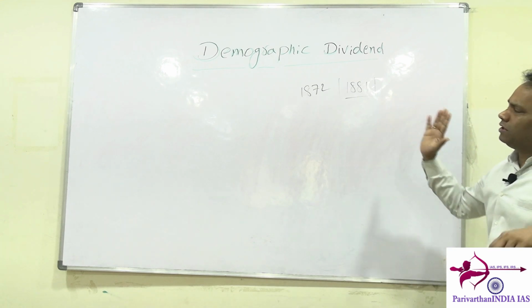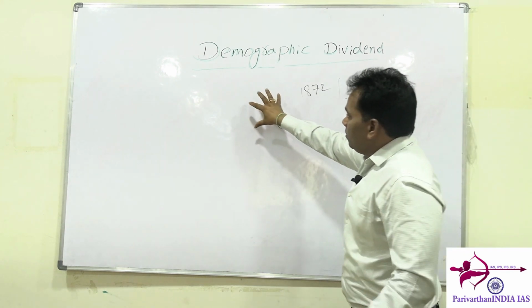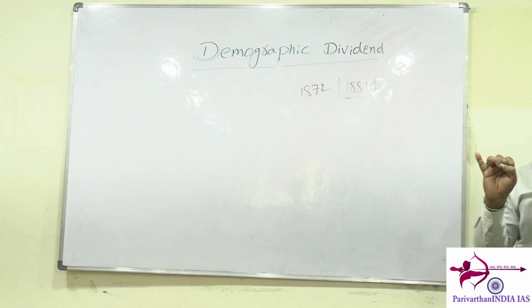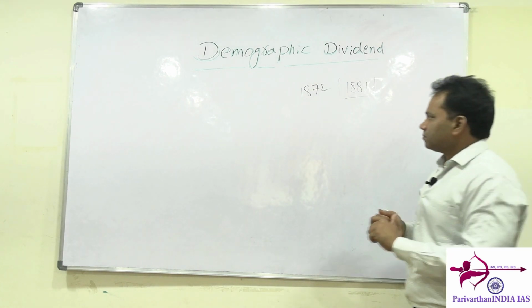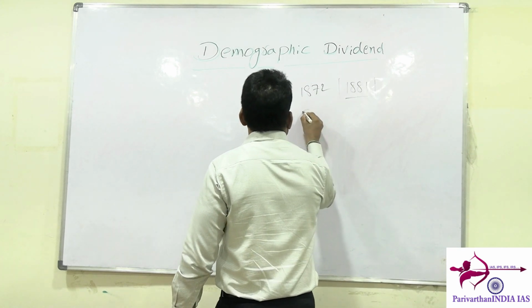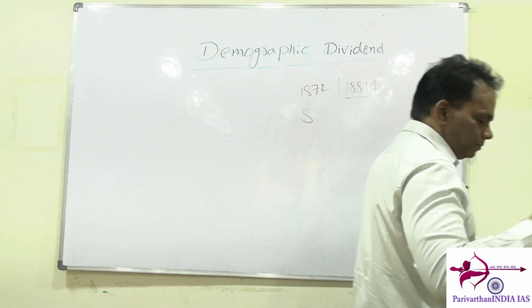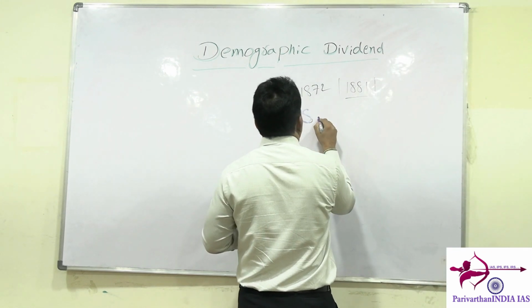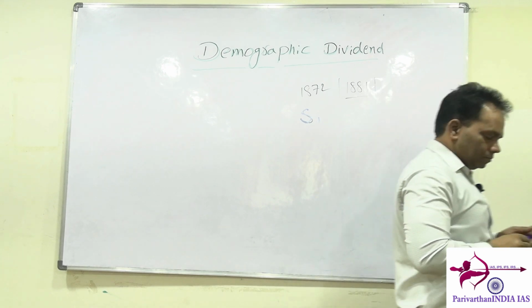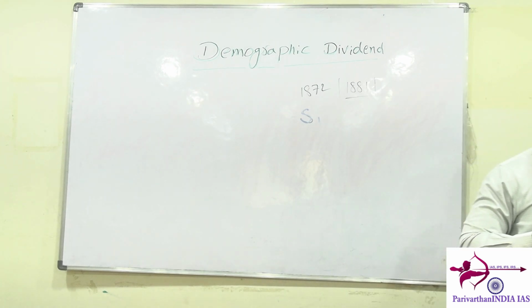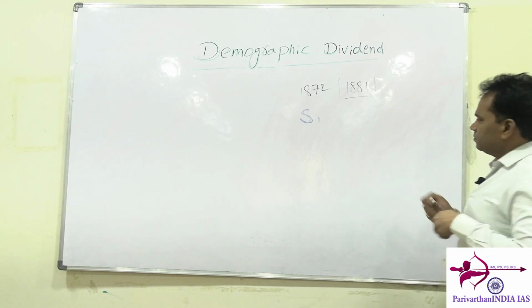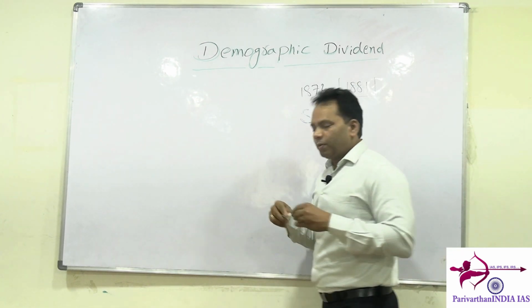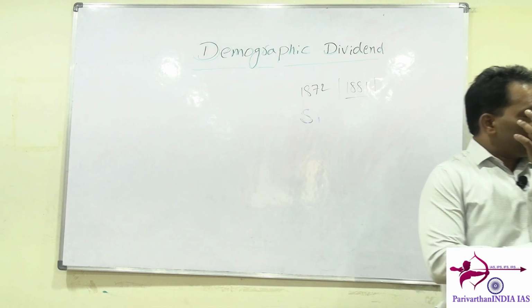The simple thing is, number one, population size. Size of a population, distribution.